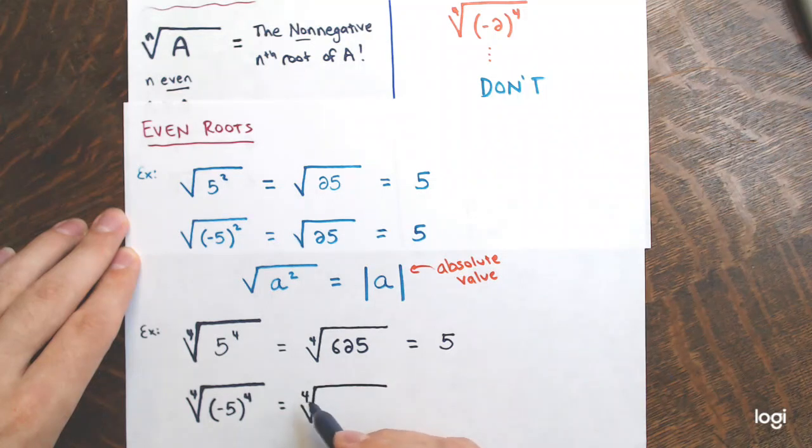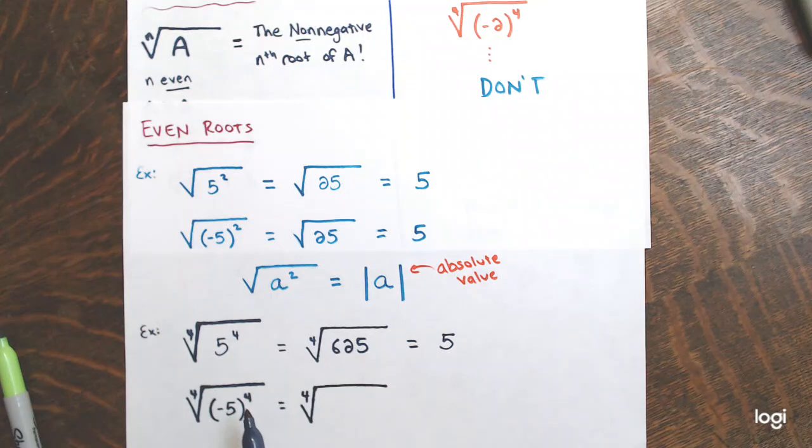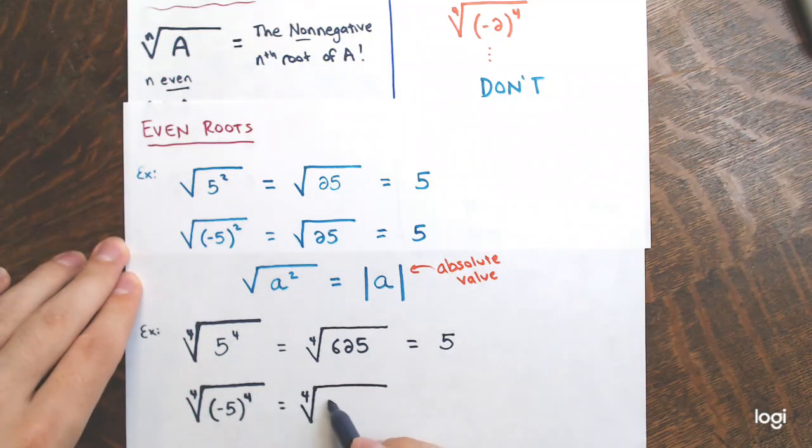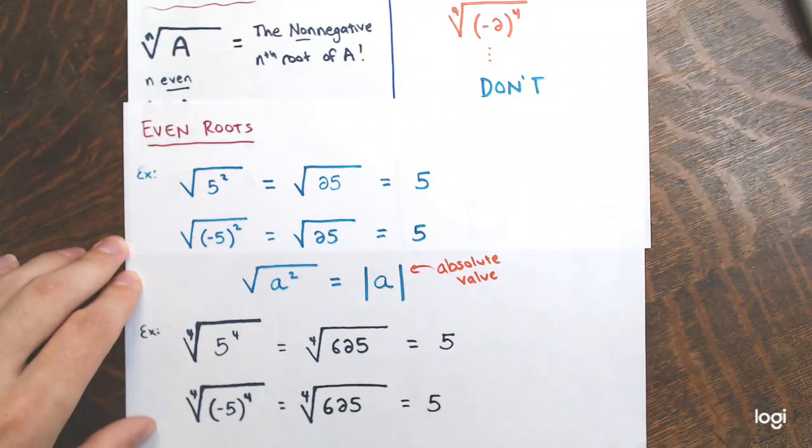So this is equal to the fourth root of, and what is negative 5 to the fourth? Negative 5 times negative 5 times negative 5 times negative 5. Any negative number to an even power, negative to the fourth here, is a positive number. That would be positive 625 again, and I get exactly the same thing as up here. What's the non-negative number that when raised to the fourth gives me 625? That is positive 5.